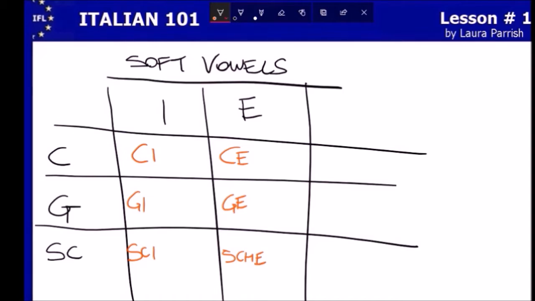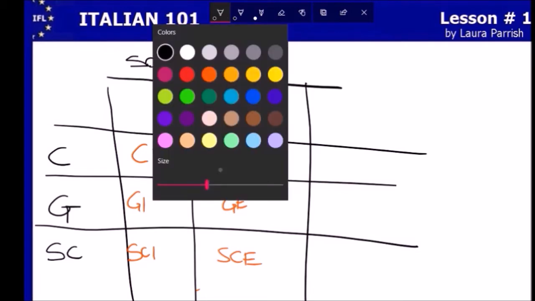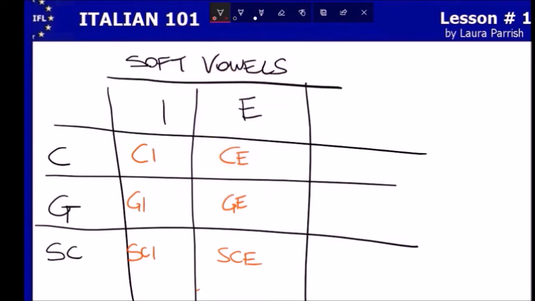What about if, sorry, here I made a mistake. What about if you don't want to say she, you want to say ske. So for example, instead of chi, you want to say ki. To say ki, you need to put an H in the middle, and the soft sound chi is gonna become ki.